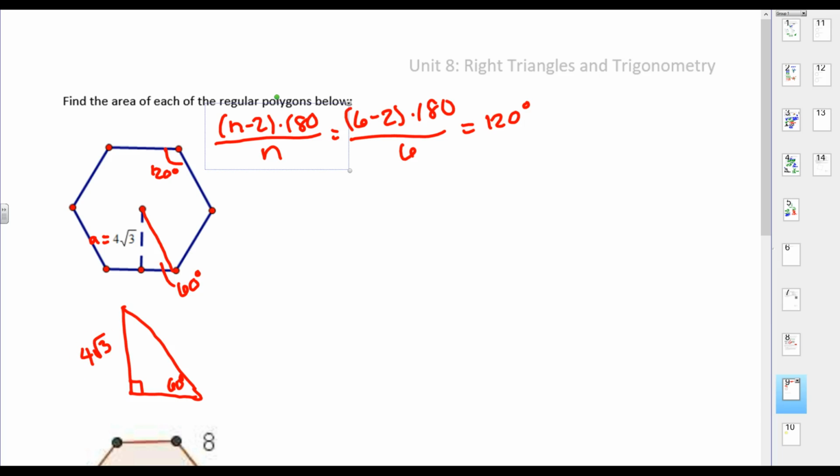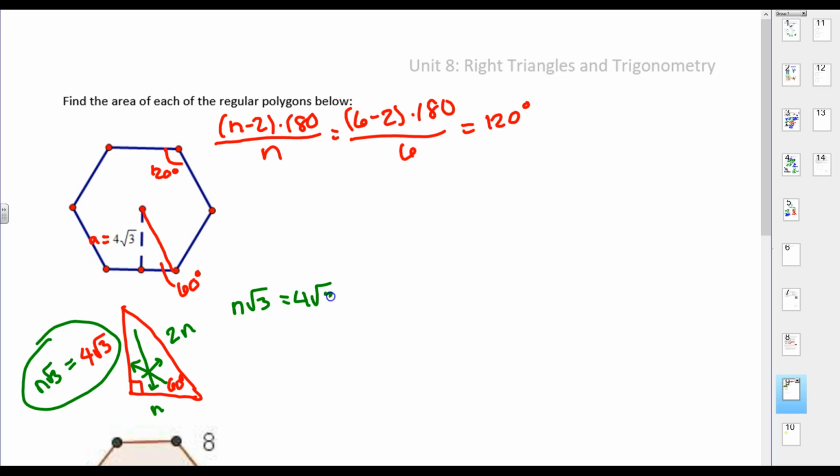Well, let's label these with our special right triangle ratios. Across from the 90 is 2n, across from my 30-degree angle is n, and across from the 60 is n square root 3. Well, we just built an equation here. n square root 3 is equal to 4 square root 3.